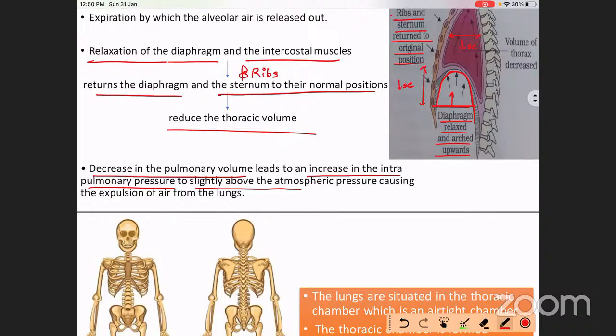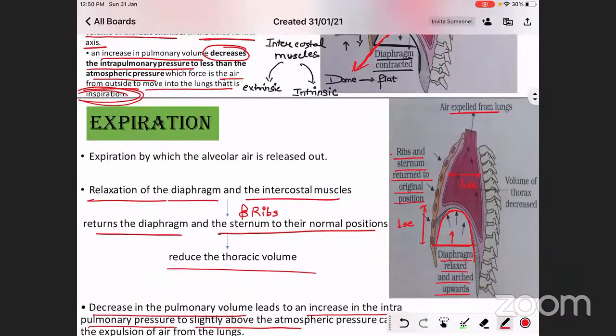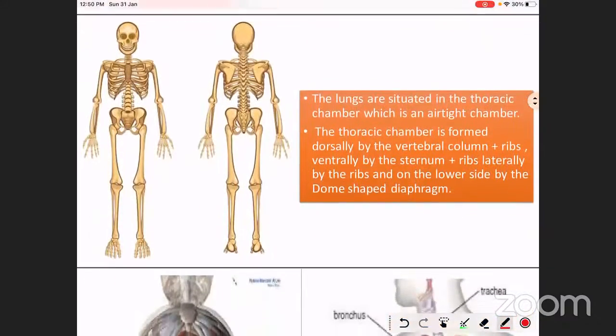Your organs and other tissues would also be pulled out to the atmosphere, so we cannot increase the pressure much. Only a slight increase is present there. So ultimately there is expulsion of air from the lungs, from higher pressure to lower pressure. So this is all about expiration. These are both stages, inspiration and expiration, present in the mechanism of breathing.